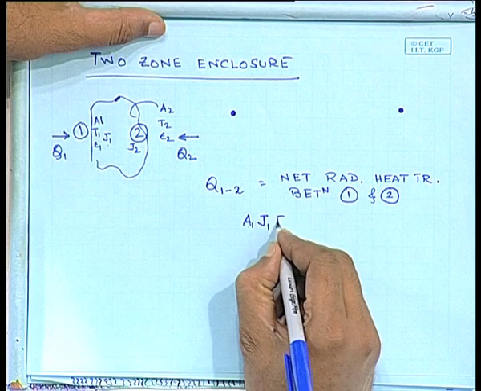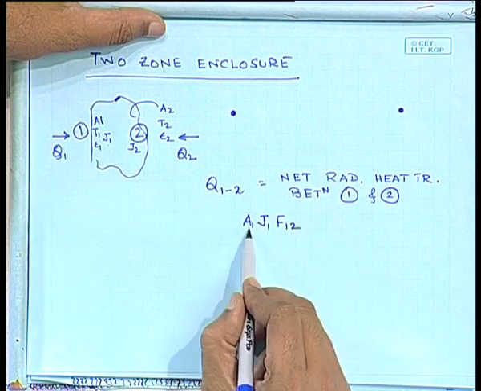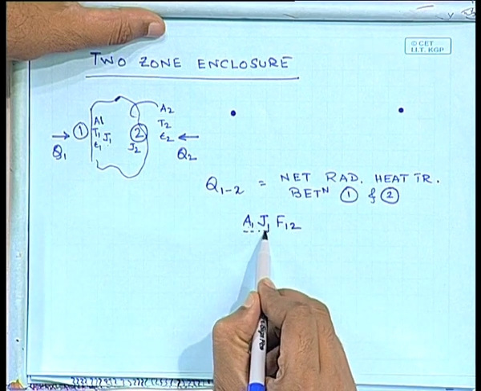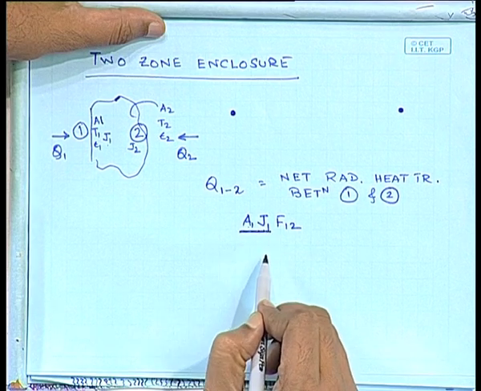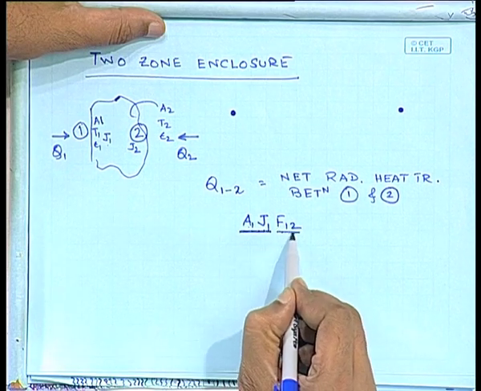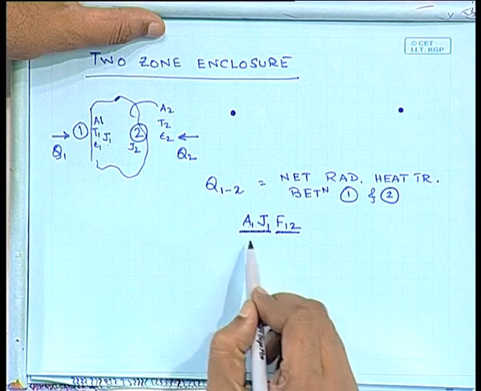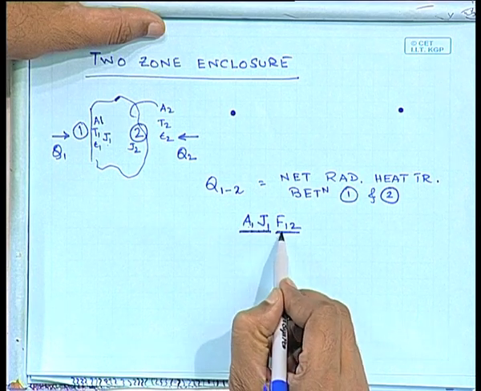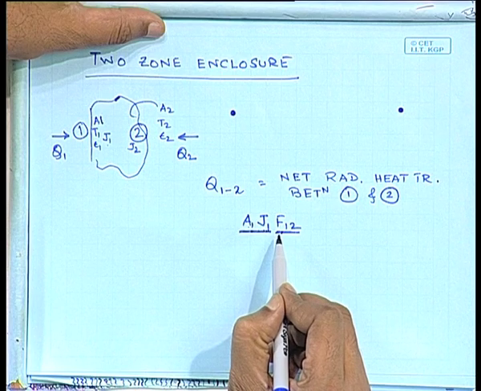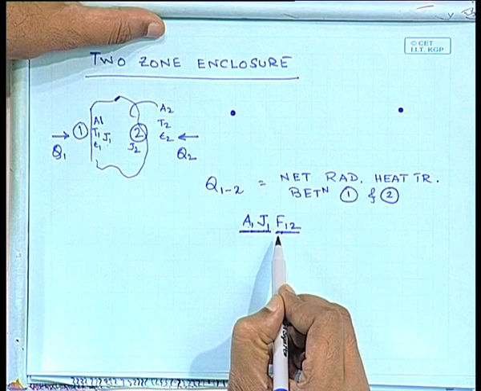Okay. So, it has to be F12. So, this is the total amount of energy which is emitting from surface 1. The fraction which is striking 2 is F12. So, A1 J1 F12 is the amount of energy emitted by 1 which is going to strike 2.